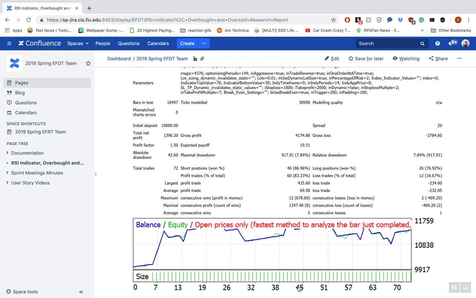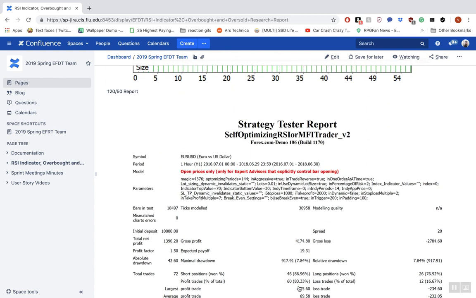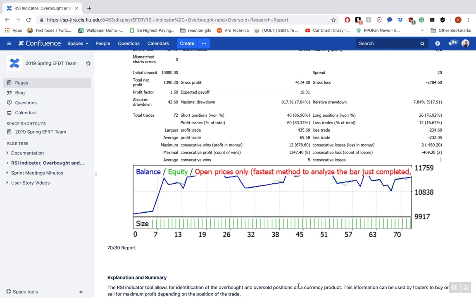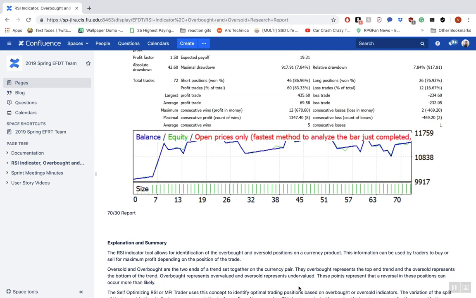Now, what this demonstrates to us is that these positions are fluid. It doesn't mean that setting at 70-30 or 80-50 or 120-50, etc. will always give you profit or a specific amount of gain.